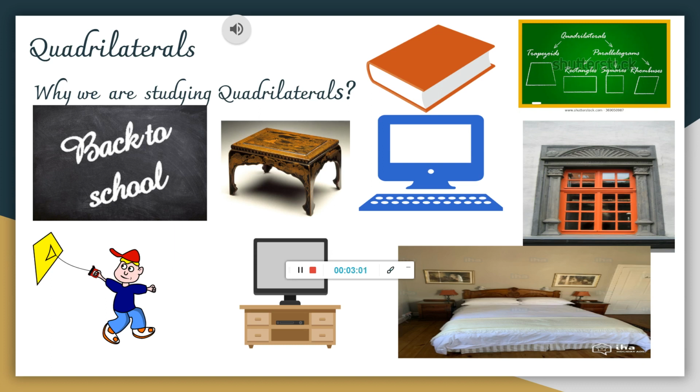Now, my next question is, why are we learning quadrilaterals? Because if we know quadrilaterals, we can decide certain things with regard to such objects. How? Let's say the bed can be of different sizes, right? Even though the shape of the bed would always be a quadrilateral, their sizes would vary.